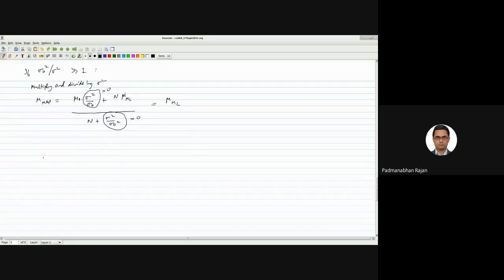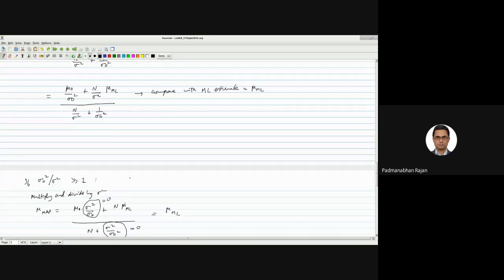Another case: if n becomes infinity, that is, if you have lots of samples, then what will you get? You will again get 1 by n sigma naught square. See this expression again.